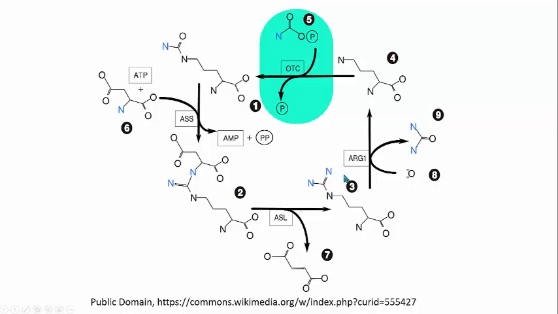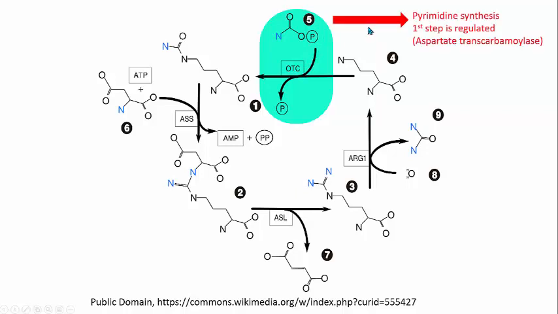The reason there is elevated orotic acid is because the precursor carbamyl phosphate, which is this agent right here, which is a precursor to the ornithine transcarbamylase pathway, is a part of the pyrimidine synthesis pathway.